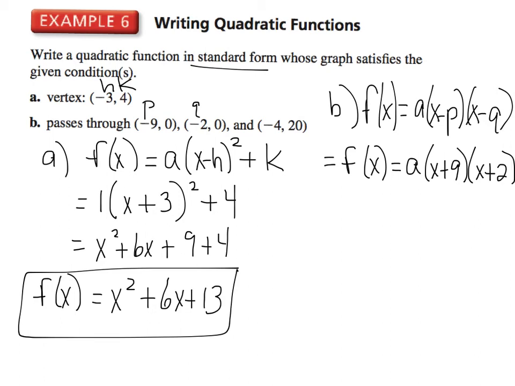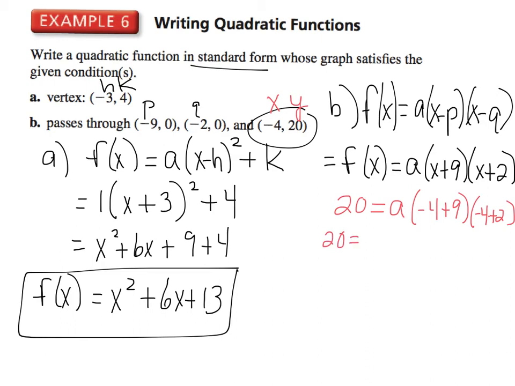But now I can use the negative 4, 20 to get my a value. So my 20, I'm going to plug in for f of x, equals a, we don't know, and negative 4 plus 9, so negative 4 is my x, negative 4 plus 2, that gives me 20 equals a times 5 times negative 2. 20 equals negative 10a.